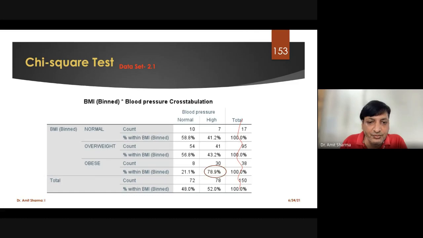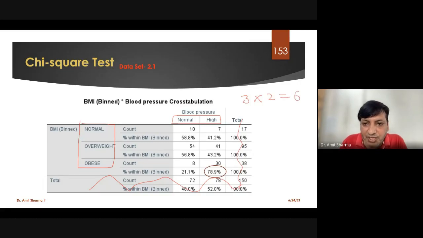You are going to ignore this total and this total. We have two categories here, normal and high, and three categories here. That means our test is somehow 3 by 2. So we have to look for only 6 values.